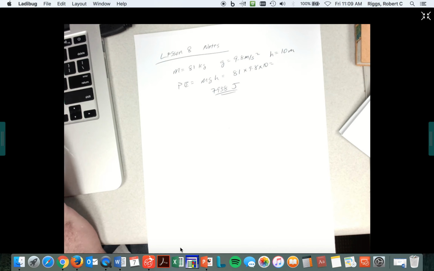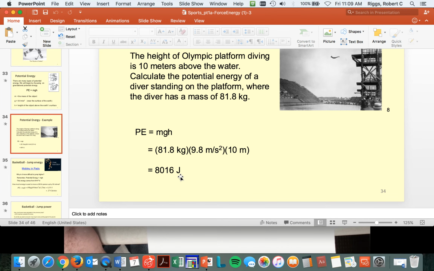They probably put 7,900 here, maybe. Let's take a look. What did they say? Oh, 81.8. Oh, okay. So you see, I'm off a little bit because I didn't put the 0.8 in there. But on your homework, I always add or subtract a plus or minus fudge factor of about 5 or 6% from what the actual answer is supposed to be. All right. So that's good.